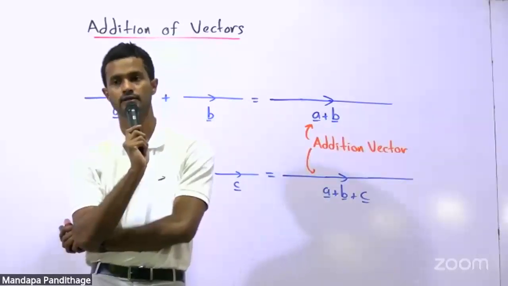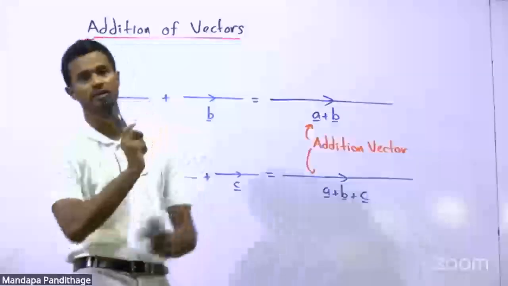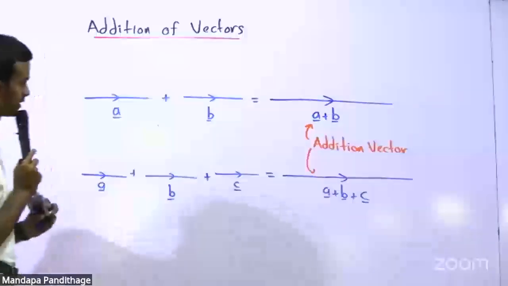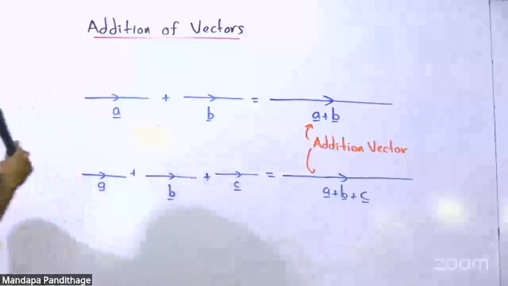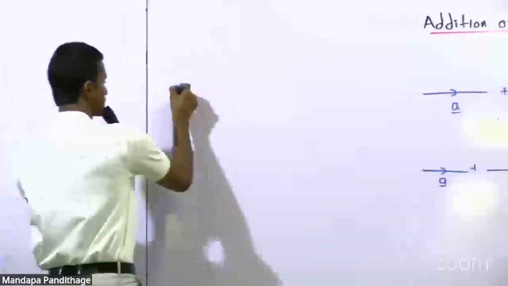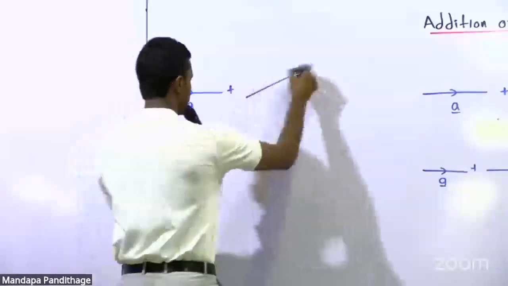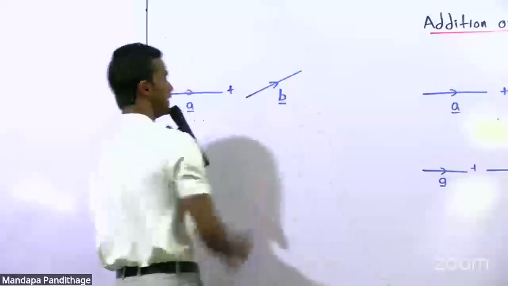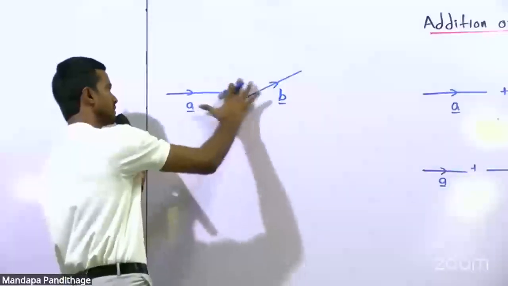Now we are having vectors where the direction is not equal. So let's say we have A and B. It's clear that we have two vectors with different directions.